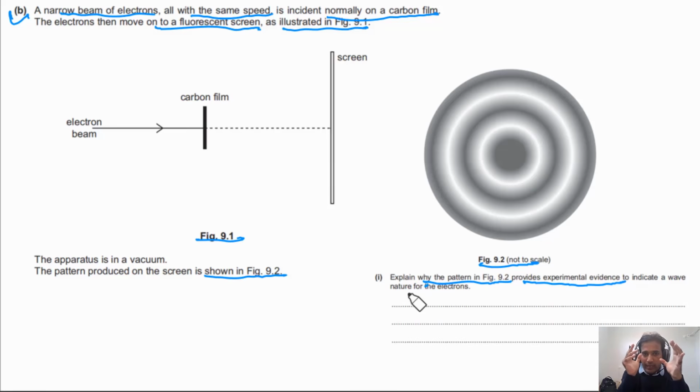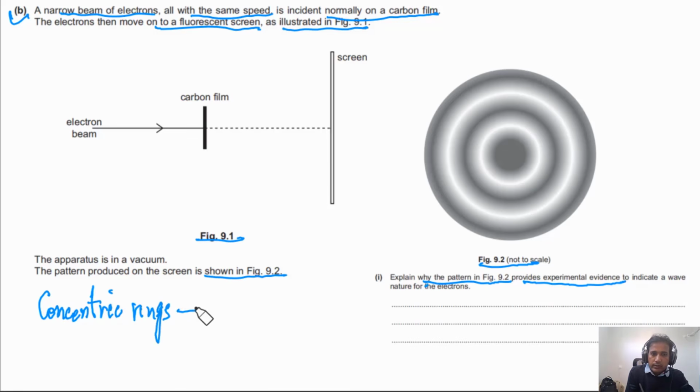First of all, we have to look at the pattern. How does this pattern look? We have concentric rings, and these rings are formed due to the spreading out of electrons.